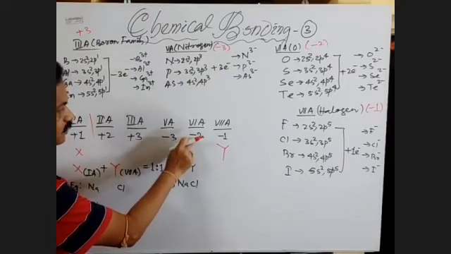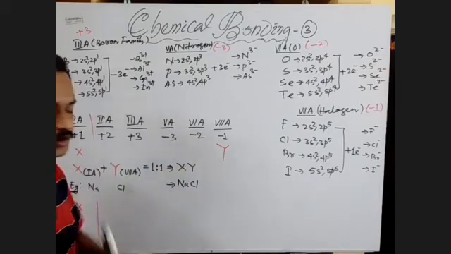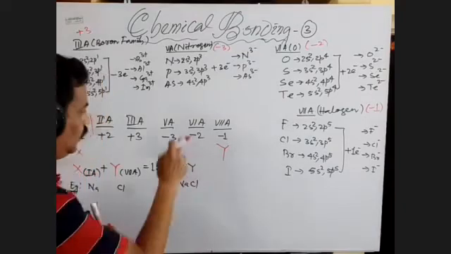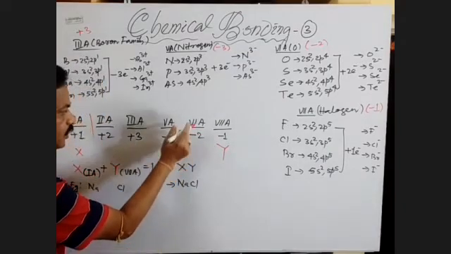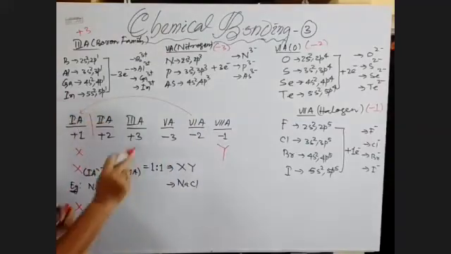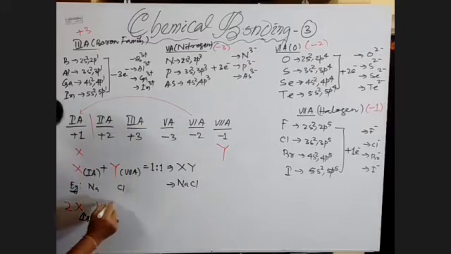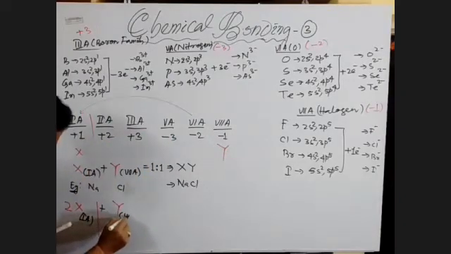Here the sixth A group has a tendency to gain two electrons, whereas 1A has a tendency to lose one electron. So that means 6A, if it wants to combine with the first one, needs two elements of 1A. That means 2X is required from 1A, along with Y, which is required from the sixth A group.